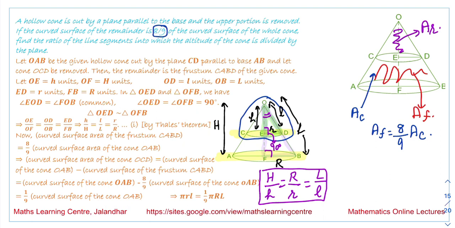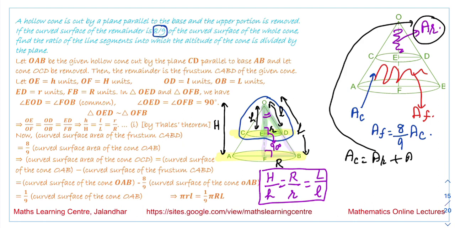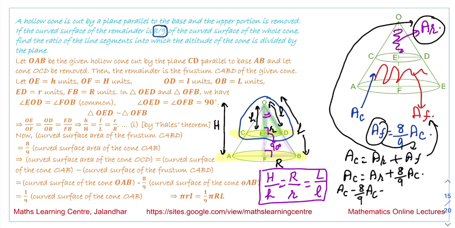The second equation is that the total area of this cone is equal to the area of the region that is removed plus the area of the frustum of cone. If we substitute this value, we get AC is equal to AR plus 8 by 9 times AC. So AC minus 8 by 9 times AC is equal to AR, and this is equal to 1 by 9 times AC.